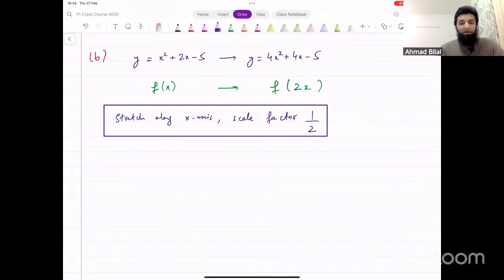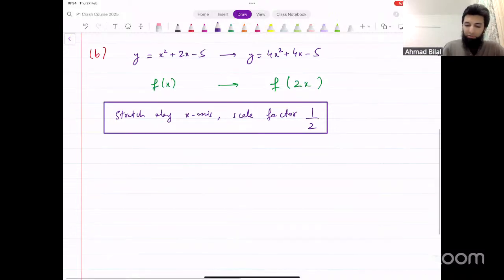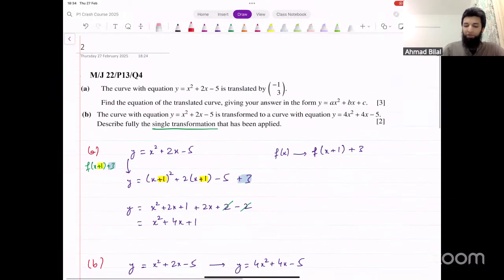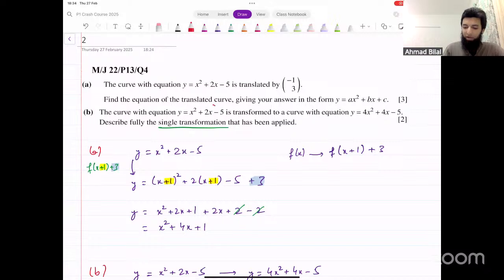A more general way that will work for any question like this, for any quadratic function, is going to be like this, that whenever you have to figure out what transformation is happening to a quadratic function to take it from one form to another form, generally what you should always do is complete the square for that. Completing the square is going to make this much easier to spot that what transformation is happening.